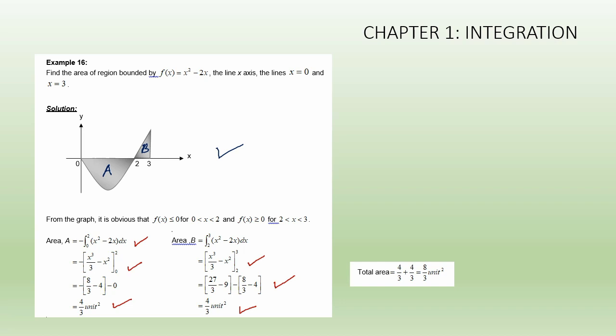Since the graph is from 0 to 3, for the total area we have to sum both the area of region A and region B. So the total area is 4/3 for area A plus 4/3 for region B. So we have the total area as 8/3 units squared.